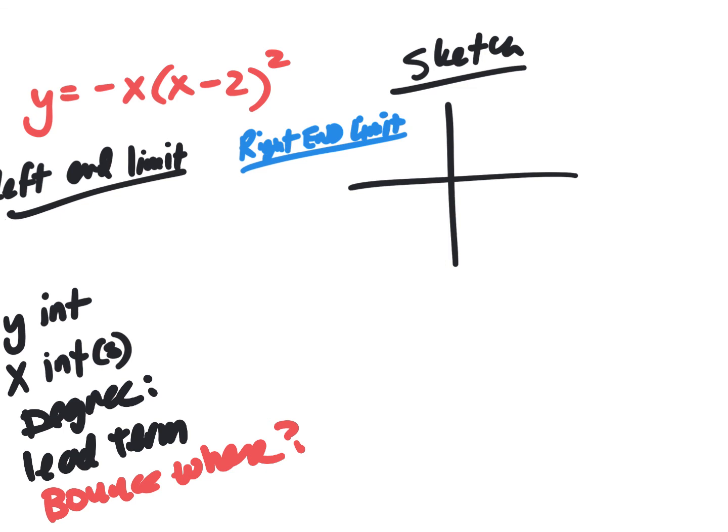Bounce? Yes, if you sketch it, and you sketch it right, you'll understand what I mean. It cut through where? There were no snakes on this one, but that's another way you can touch the x-axis. It's kind of like an x to the third does, but this doesn't have that.